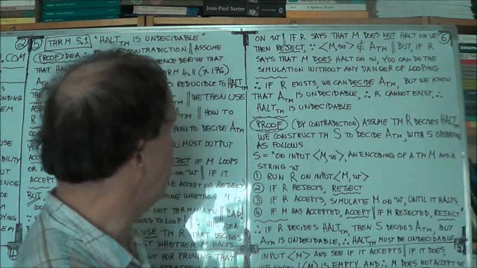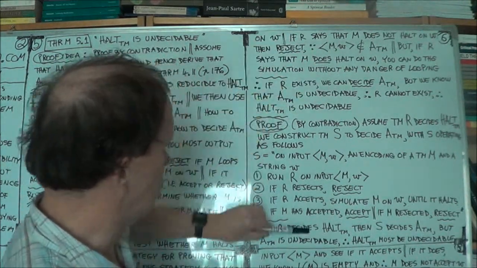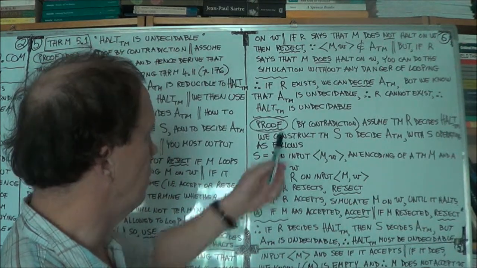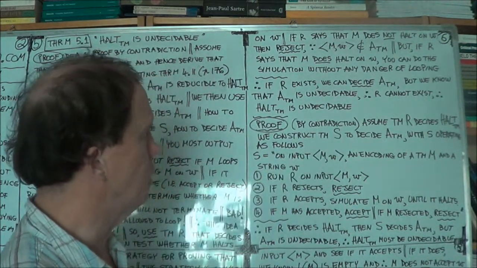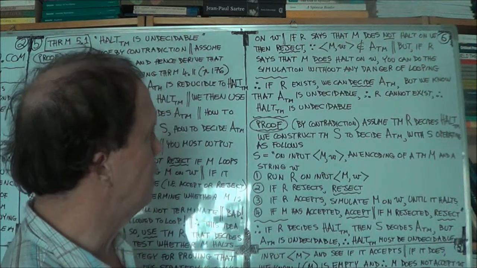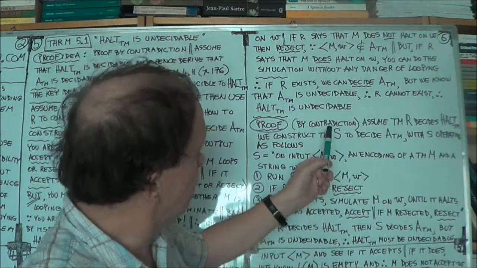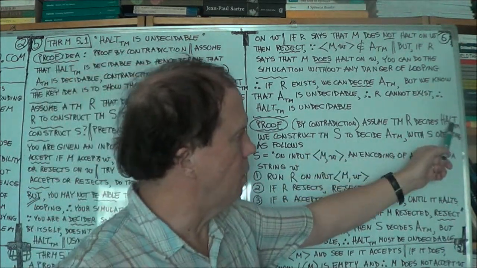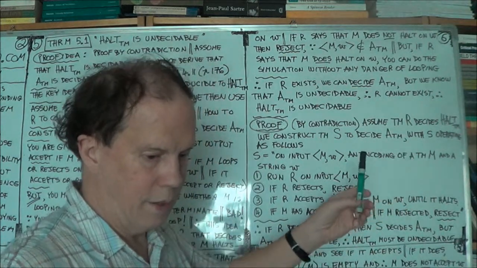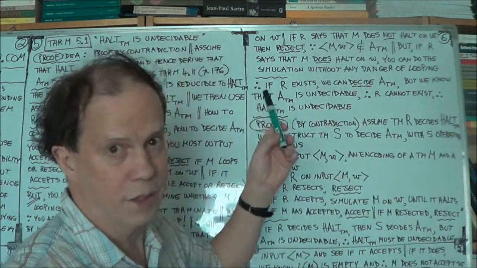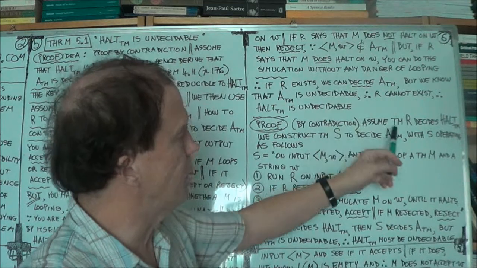All right, so that's the idea. Now the actual proof, again, of course, by contradiction. So we assume that this language halt is decidable. Therefore, by definition, there's some Turing machine that decides it.